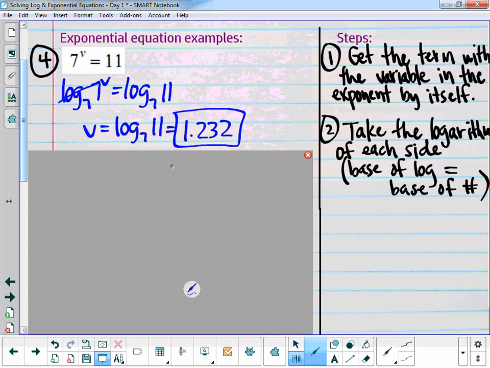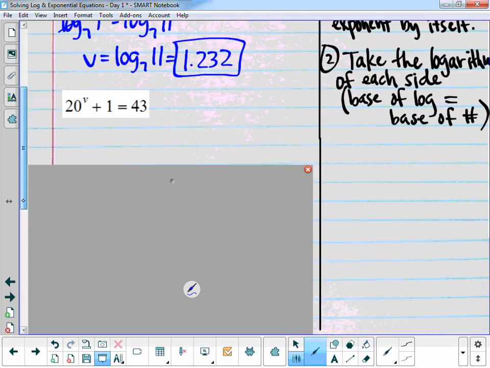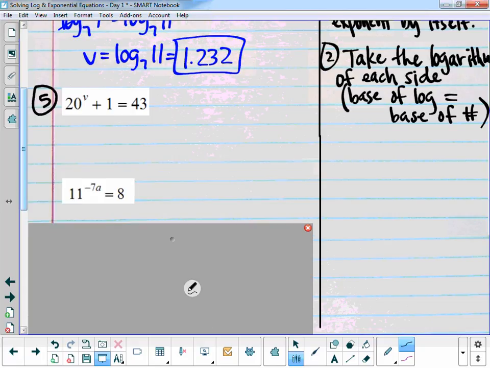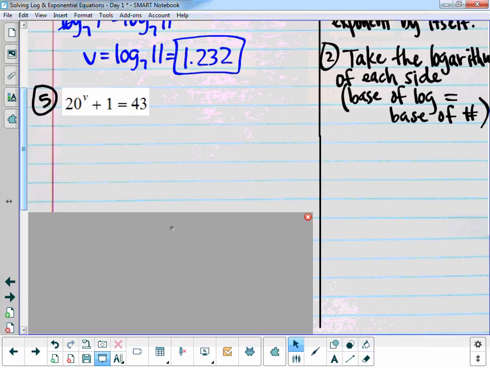All right, let's do another one. What if we have 20 to the v plus 1 equals 43? This is example number 5. Do we need to move the 1 over first? Yes, we have to get that alone.